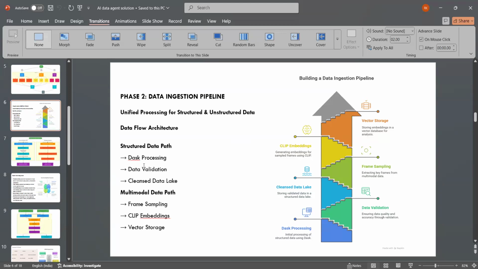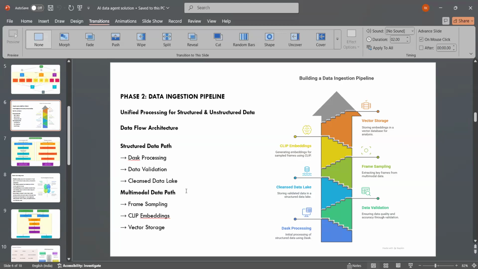Dask scales data processing across multiple cores, data validation ensures the data quality, and the clean data lake stores clean and structured data. For the multimodal data, we use the multimodal data path with frame sampling, clip embedding, and vector storage.